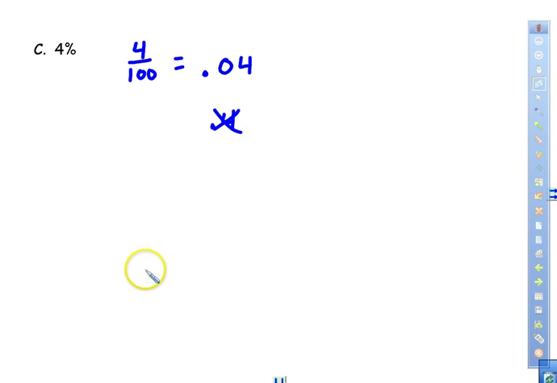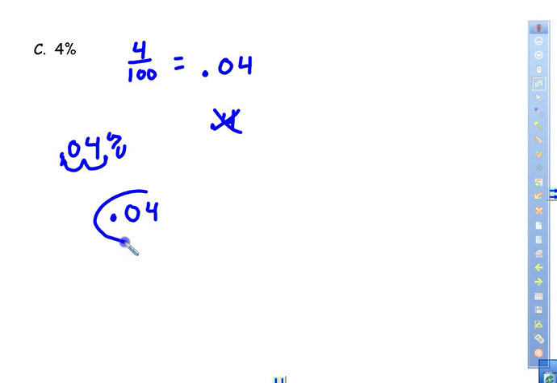So be careful with that. 4 100ths has a 0 in front of the 4. Another way, if we have 4% and we're moving the decimal, it has to move 2 times. 1, 2 times. Right here, we have to annex a 0 for place value to where we would get our 4 100ths. Okay? Same answer, just a little different process.